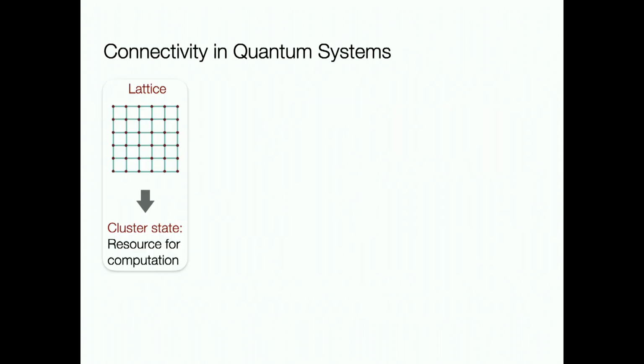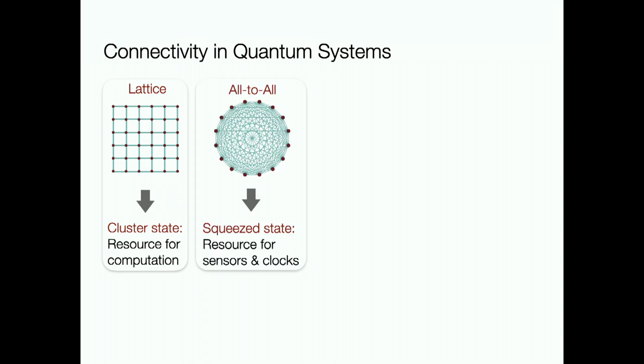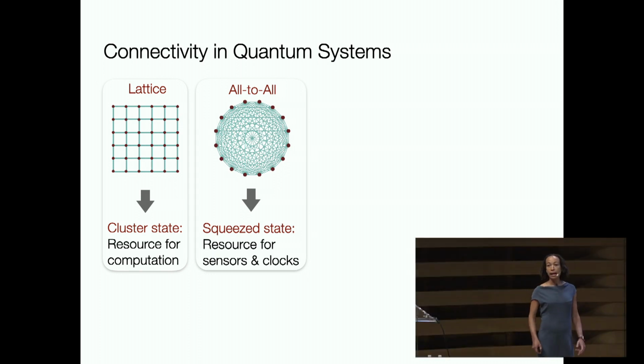Just to give a few examples, if I have some lattice with nearest neighbor interactions between some qubits, that naturally gives rise to something known as a cluster state. That's a resource for computation. If I had the same type of interaction, but every atom were talking to every other one, that is a natural way of generating something known as a squeezed state. That's a resource for enhancing precision measurements.